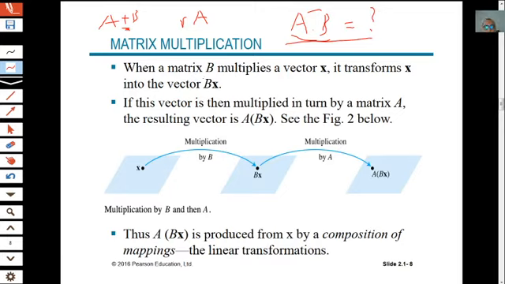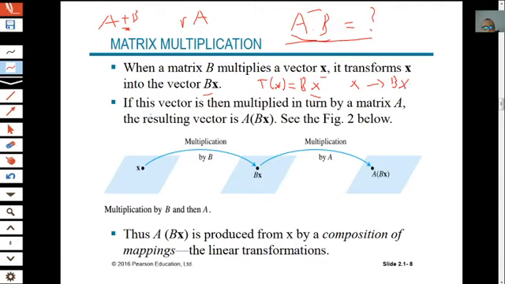When a matrix B multiplies a vector x, it transforms x into the vector Bx. We can define a transformation of x in this form, B times x. Namely, we multiply the matrix B by a vector x, as you can see. So x transforms into the vector Bx.